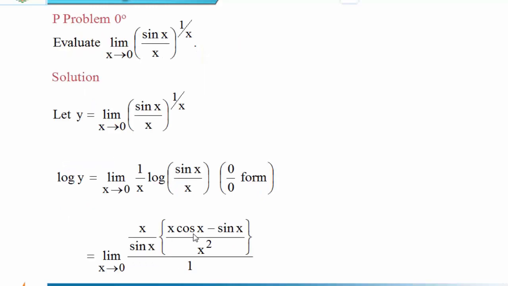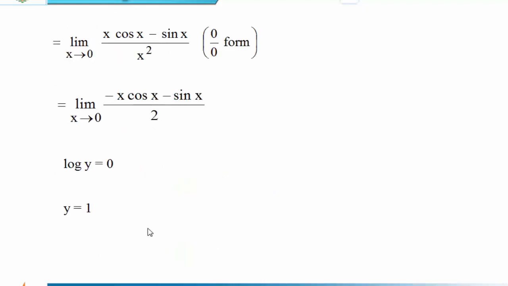Here since x upon sin x has limit 1 as x tends to 0, we neglect this and we focus on this term. Again apply L'Hospital rule, we get 0, and log y will be 0.